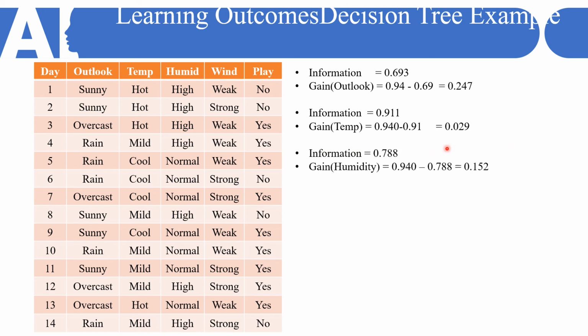Then for humidity we are having 0.788 and 0.152, and for wind we are having 0.892 and then 0.048.